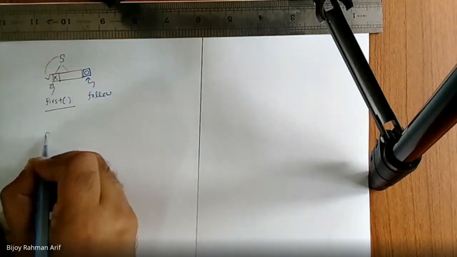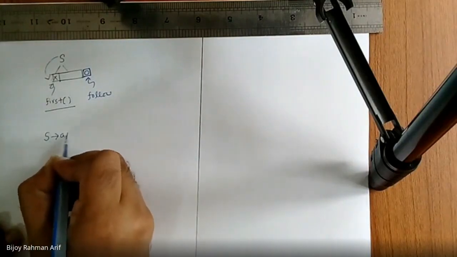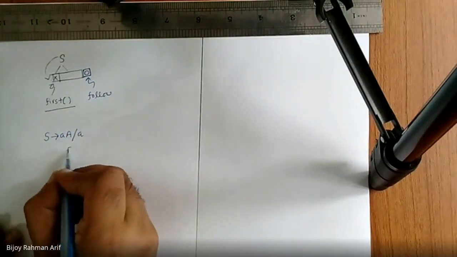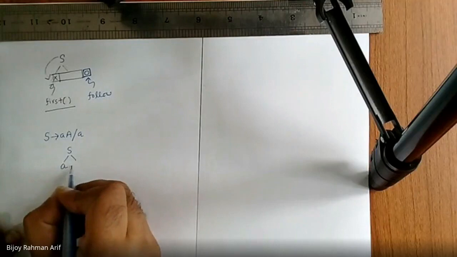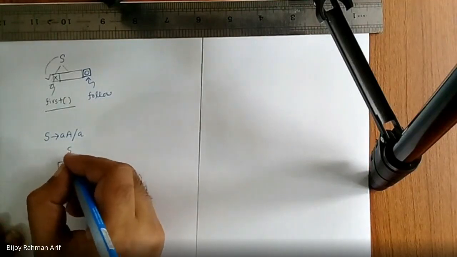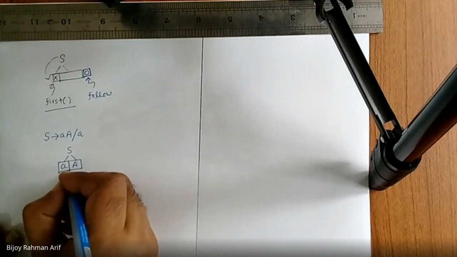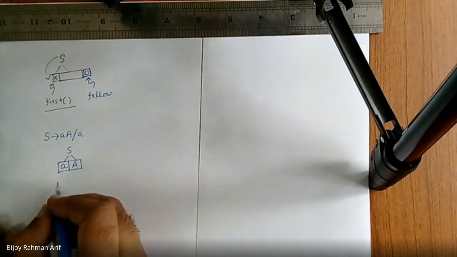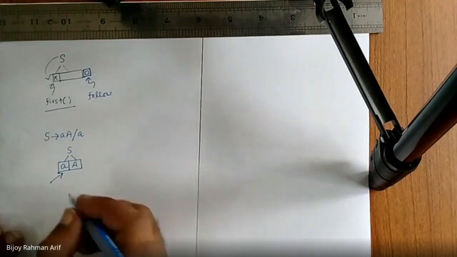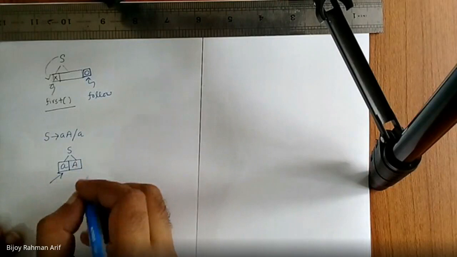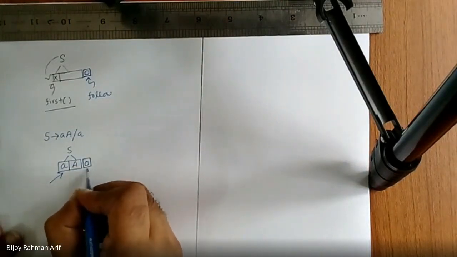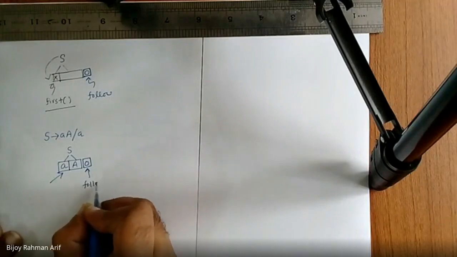Let's assume S derives A. If I use this rule, then during this derivation step we got A at the very beginning, so first of S is definitely A. Follow is whatever can come after this derivation. Do you get it?